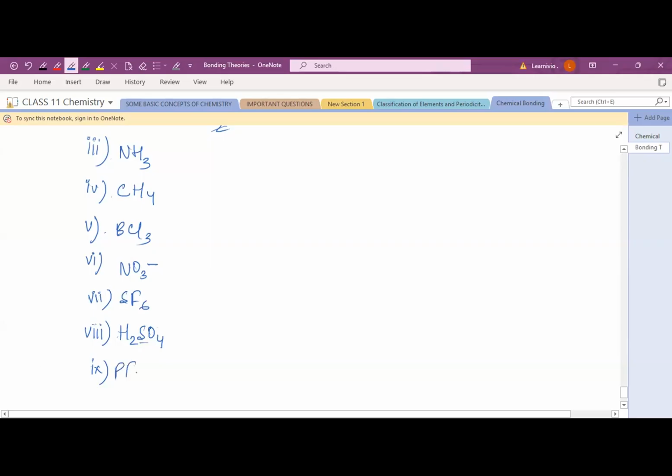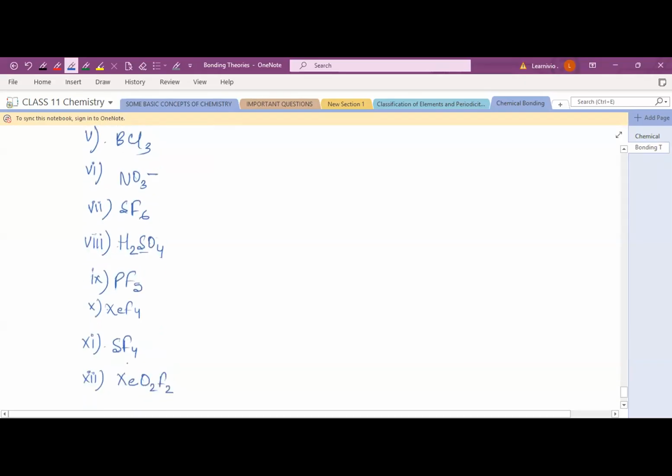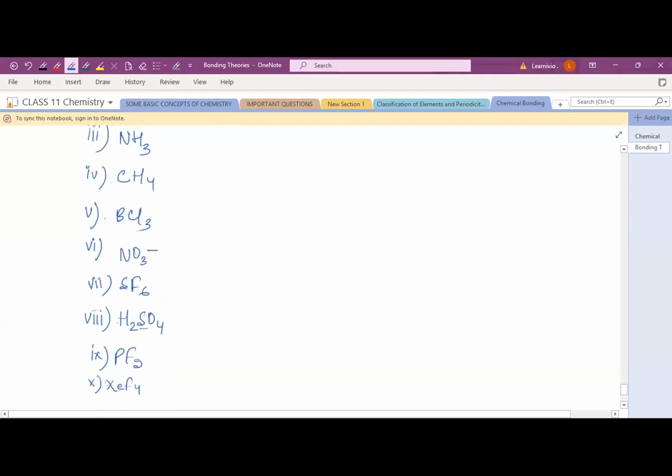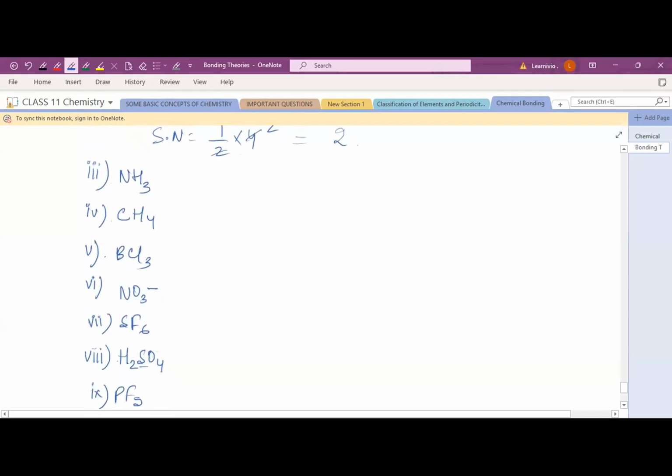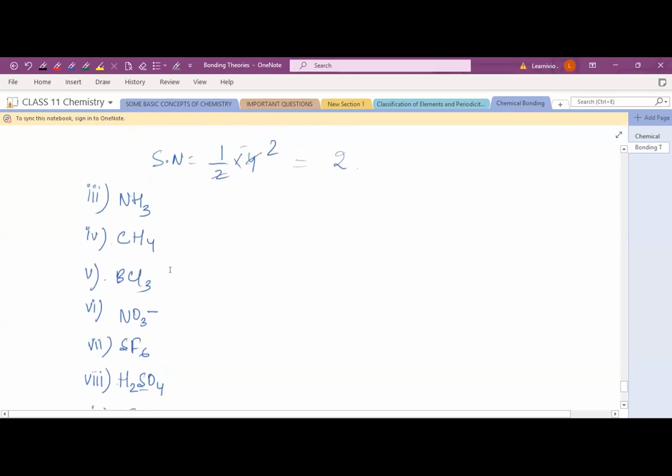Similarly, find the steric number of PF5, then XeF4, then SF4, XeO2F2. Okay, ma'am, just find the steric number. Yes, please scroll up a bit. I didn't read the fourth one yet. Which one? The fourth one.